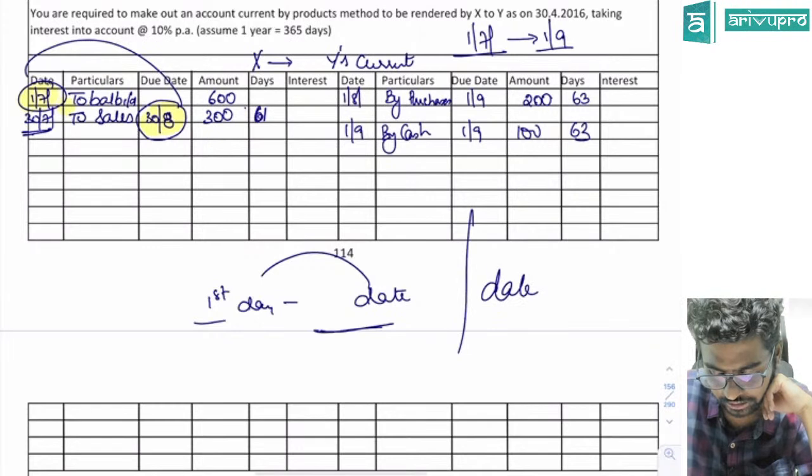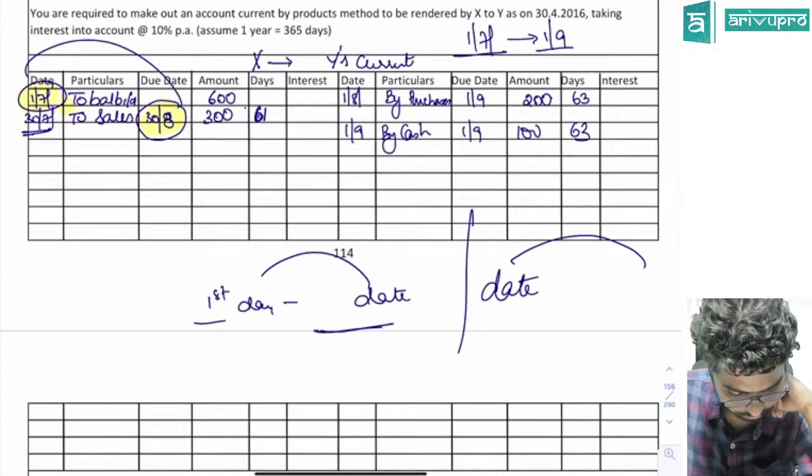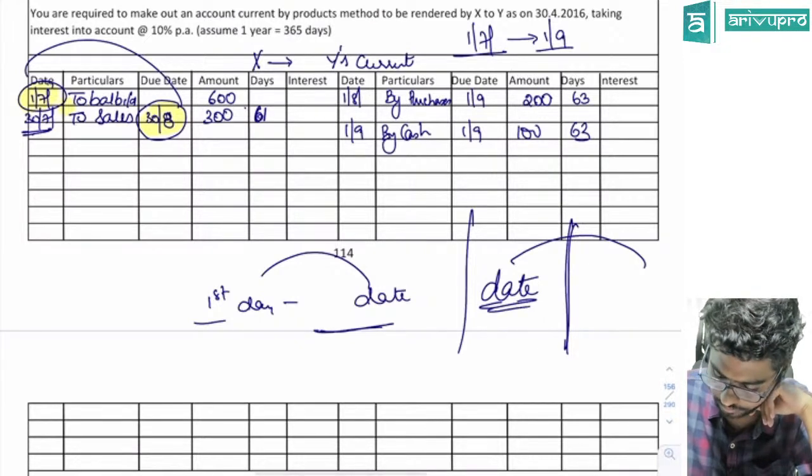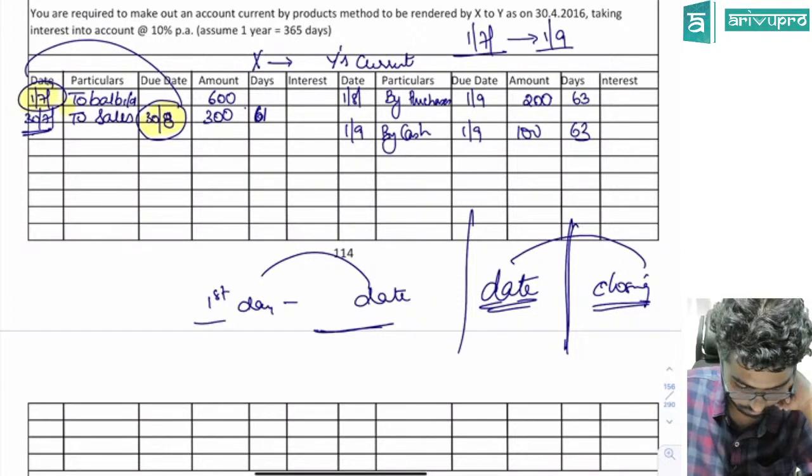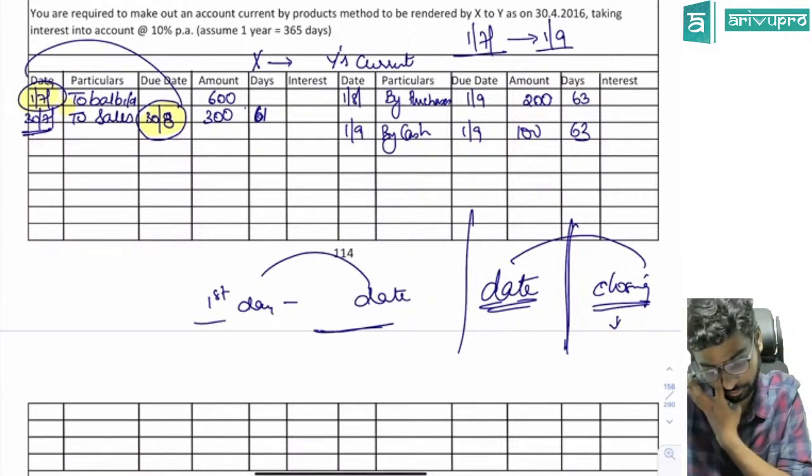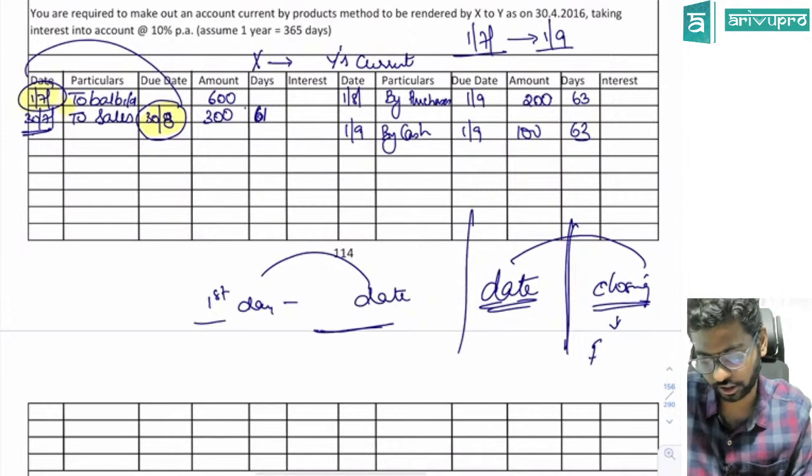If I do from the date of transaction till the closing date, we call it the forward method.